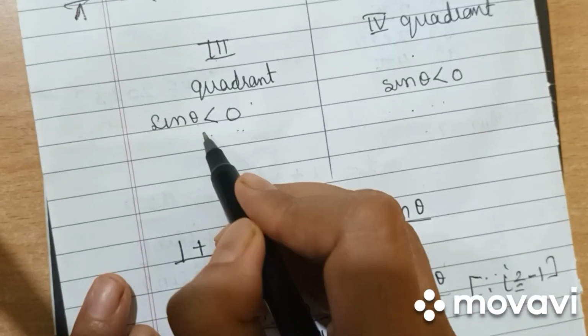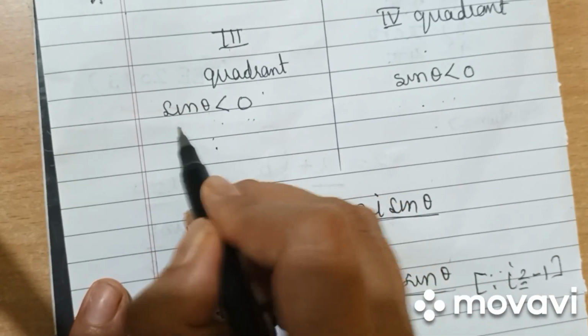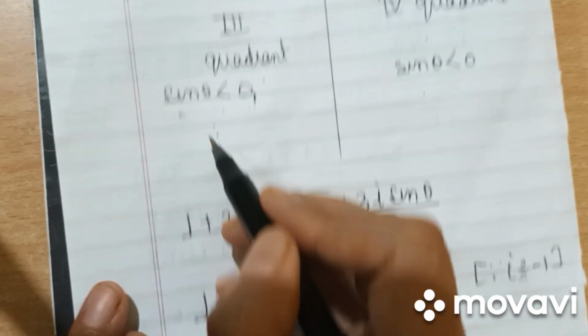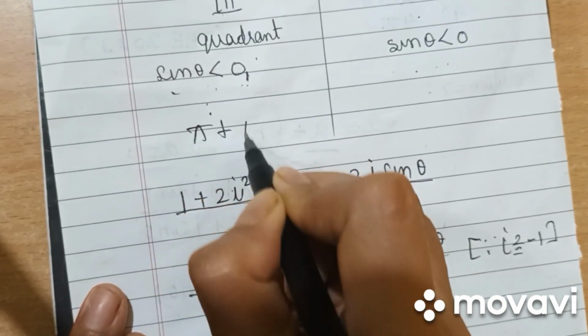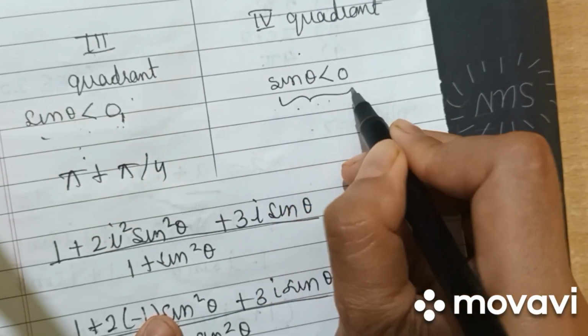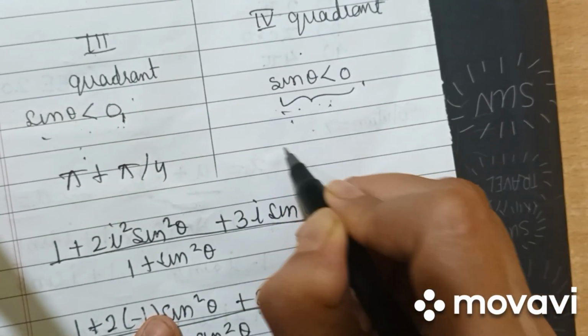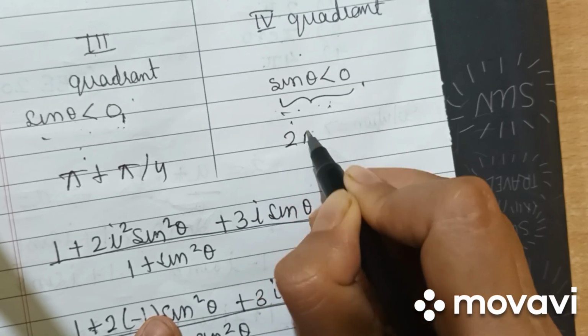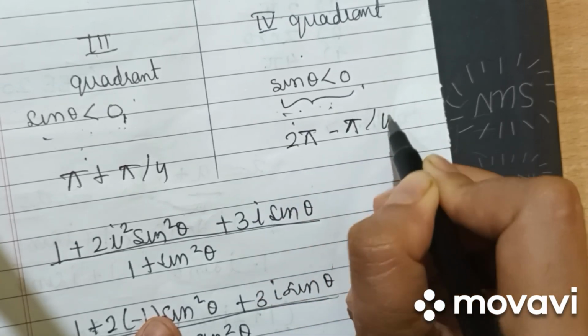Similarly, in third quadrant, since sine theta is negative, the value will be pi plus pi by 4. And in fourth quadrant, since sine theta is negative, the value will be 2 pi minus pi by 4.